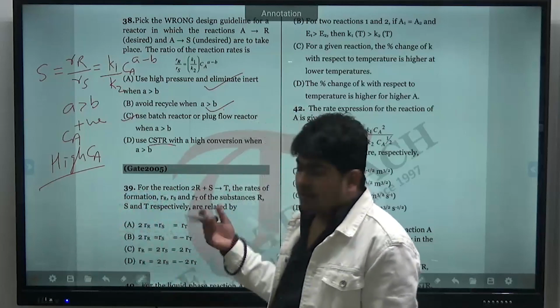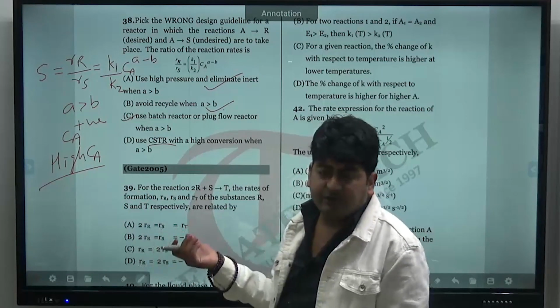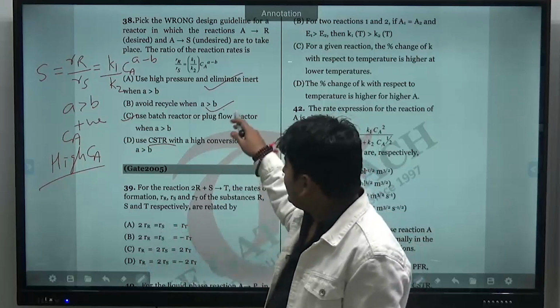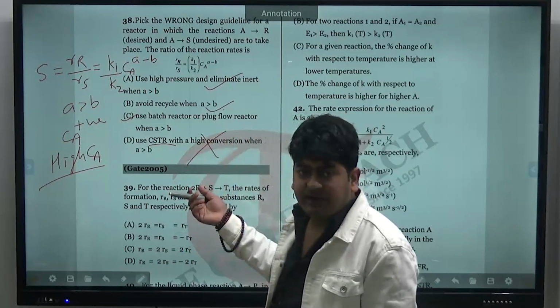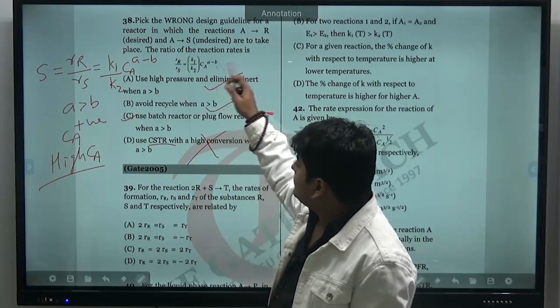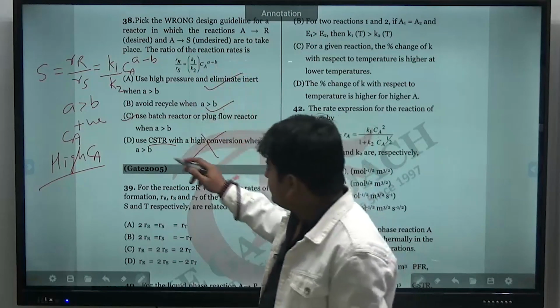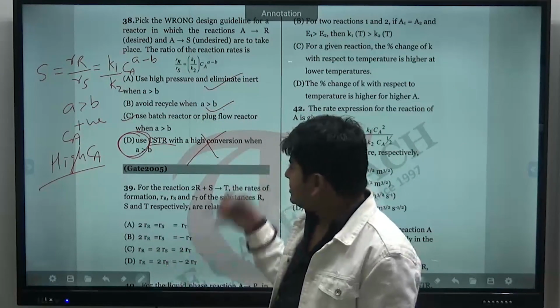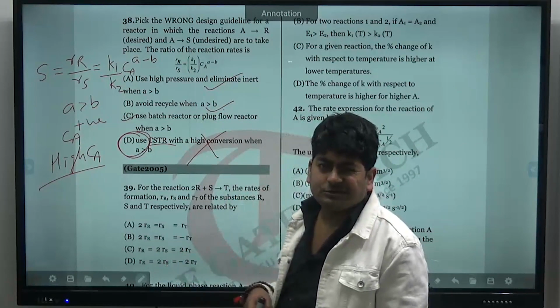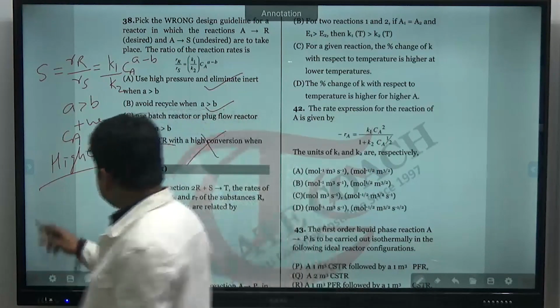D, use MFR. That is incorrect, because MFR we use for low Ca. But here I have to keep high Ca. So D is the incorrect design guideline. So in the exam, when you have to pick the wrong one, you will select D as your option. Okay, simple. This question was there for 2 marks. Such an easy question.